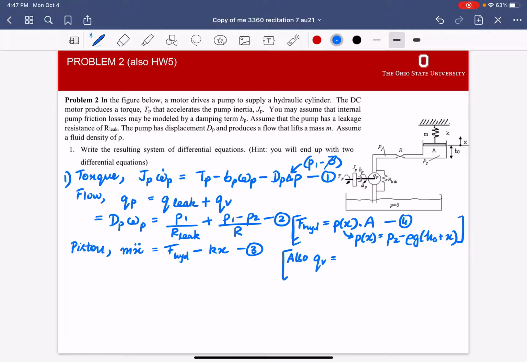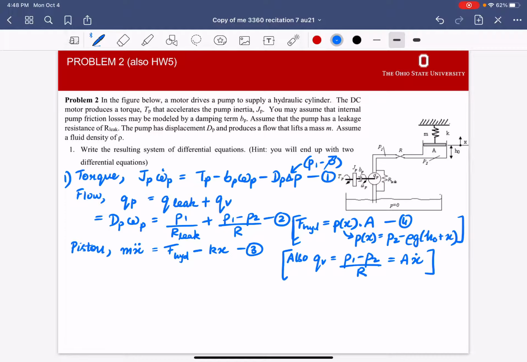So we have the original expression that we used before, and then that's equal to A times x dot as well. Does that make sense? Any questions?